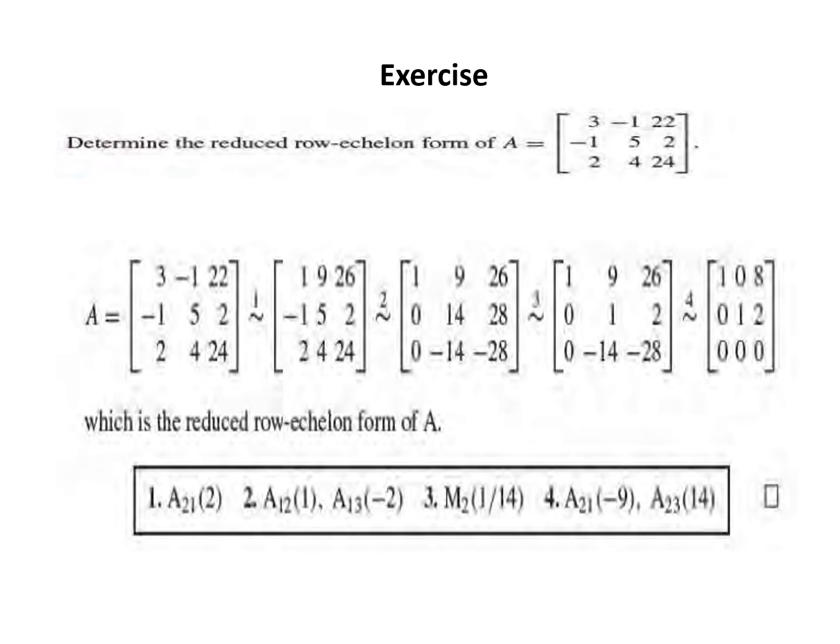Since we have only 3 operations, we may apply these. Secondly, to get the zeros beneath 1, we apply the addition operation 2 times. First we multiply row number 1 by 1 and add it to row number 2. We obtain 0, 14, 28. Again we multiply row number 1 by minus 2 and add it to row number 3. So you will obtain 0, minus 14, minus 28.